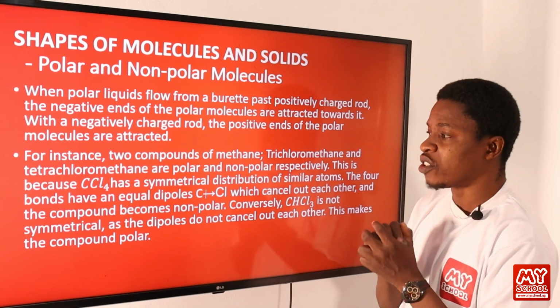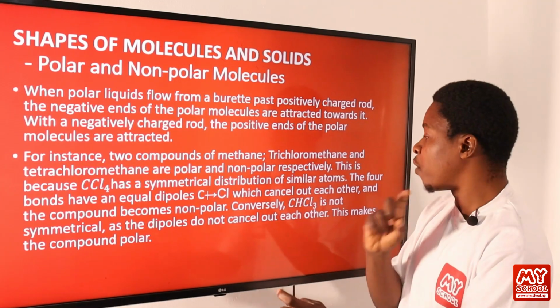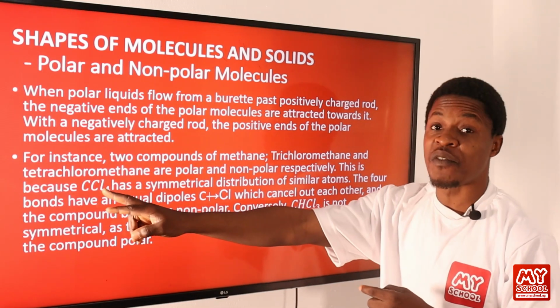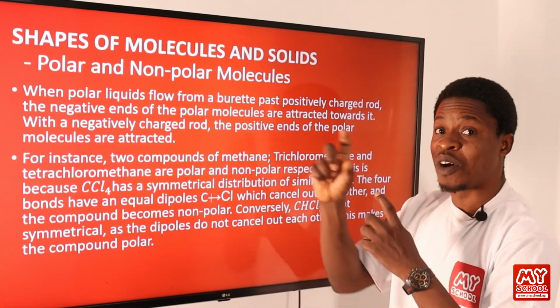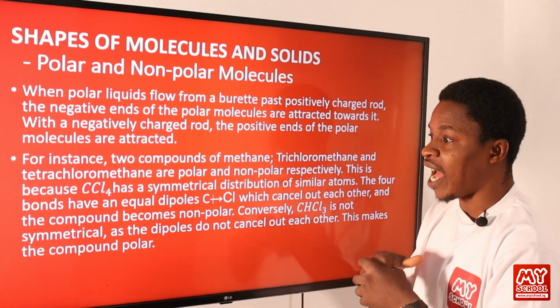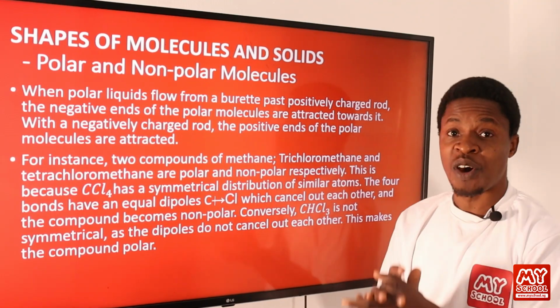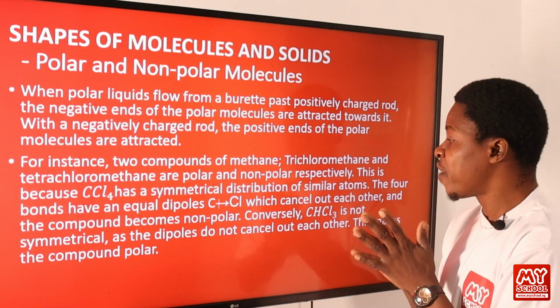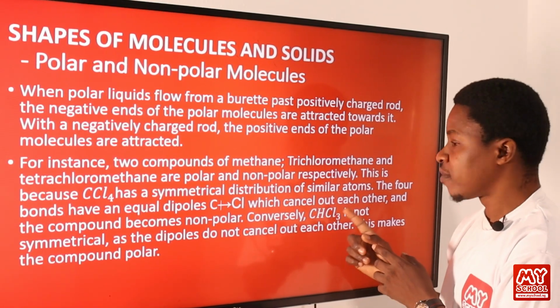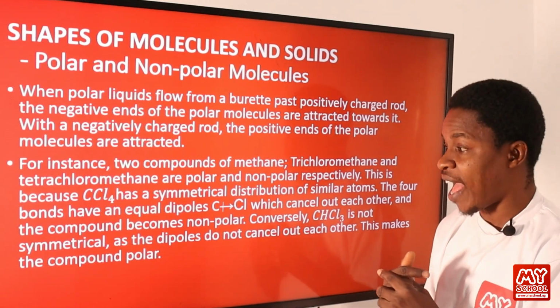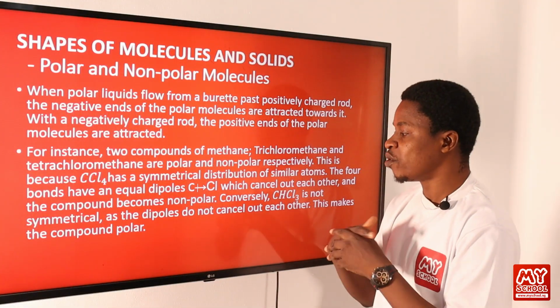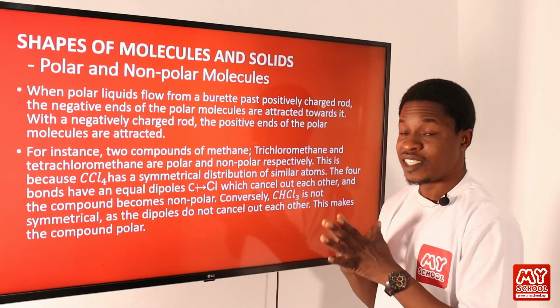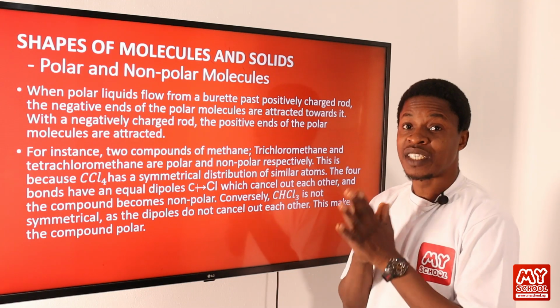So each of those equal dipoles cancels out the others because we have 4 of them attached to the carbon atom, and then the compound becomes non-polar because there is no extra one left. Conversely, trichloromethane is not symmetrical. Why? Because the dipoles do not cancel out each other. So this means that the compound is polar.